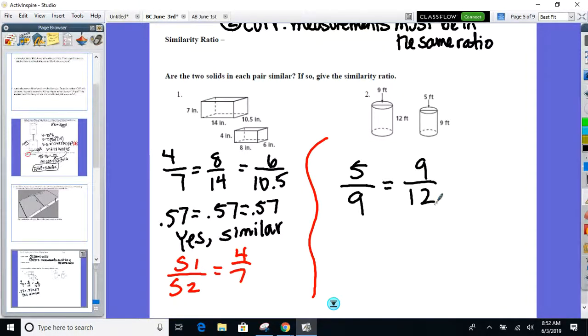Now, because we have two of them, you could cross multiply and see if they equal each other. And I don't think 81 is equal to 60. So we're going to say not similar. Perfect.